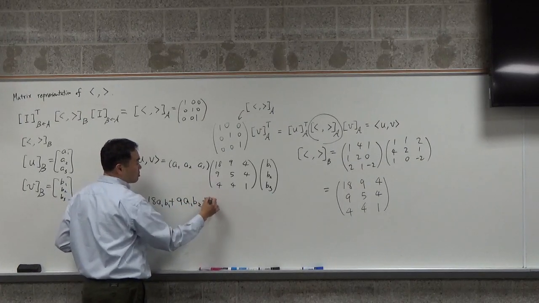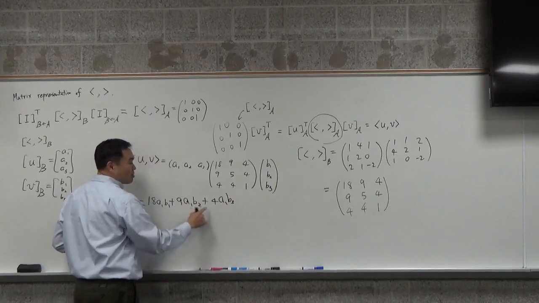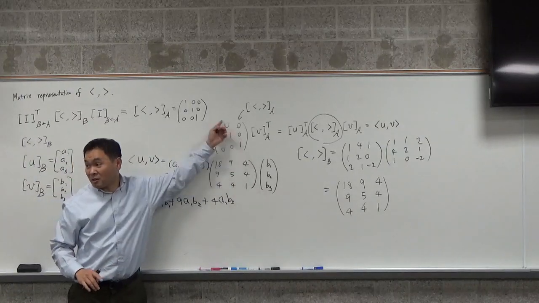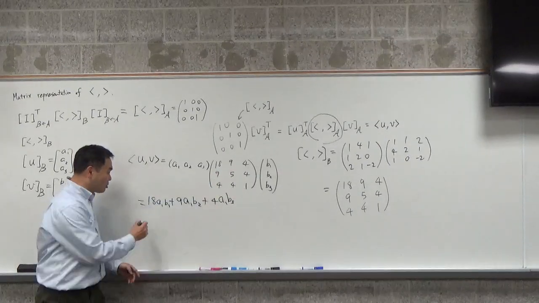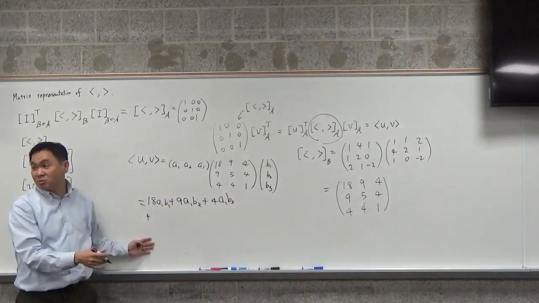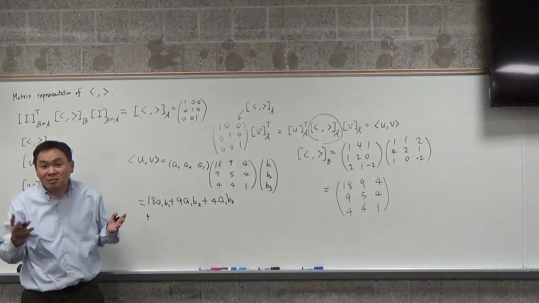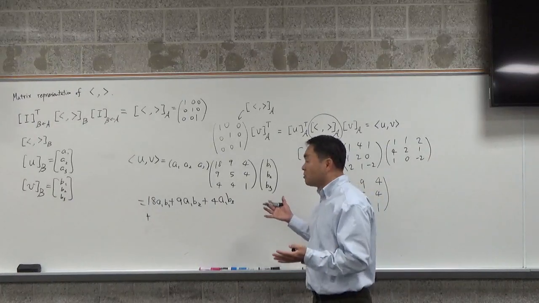And then you're also going to get 4A1B3. So these terms didn't happen in the regular dot product, right? But these terms suddenly happen. And all of these numbers will give you 6 more terms. Okay? So the inner product that you'll be presented with in some strange vector space would look very different.